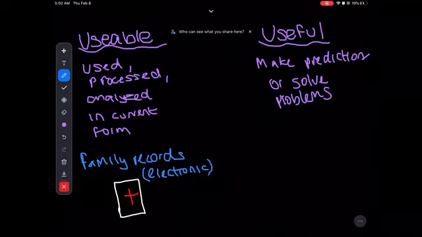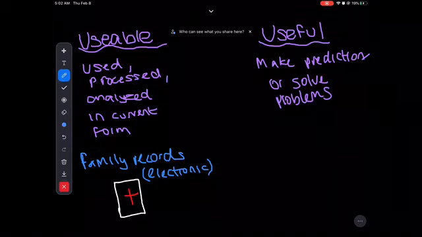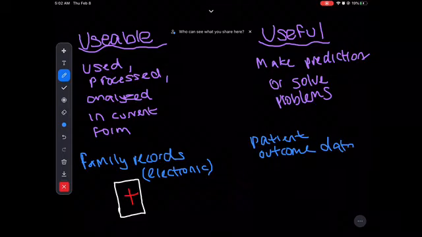Okay, so for example, what if we take patient outcome data? Again, this is going back into the medical field. This is a prime example of useful data, because it's able to detect how useful the meds are. It's making predictions on whether, say, person A's meds are working after all of these procedures.